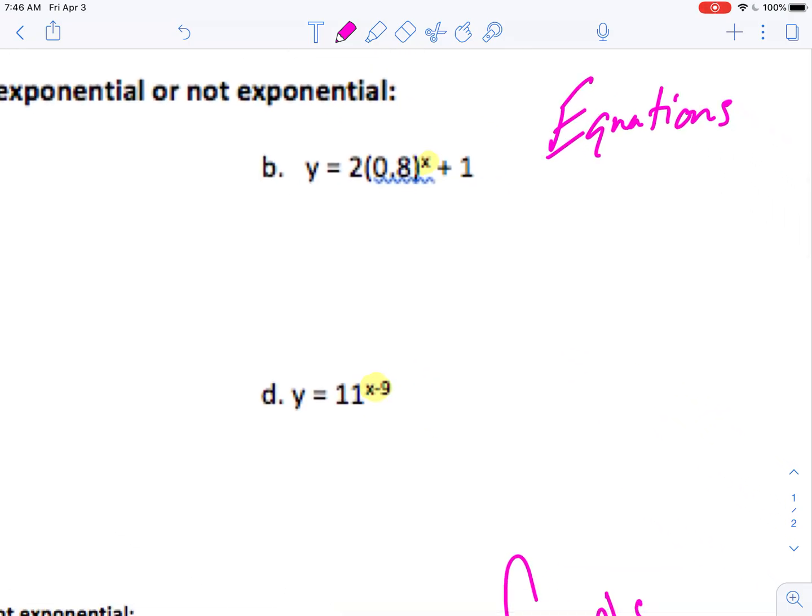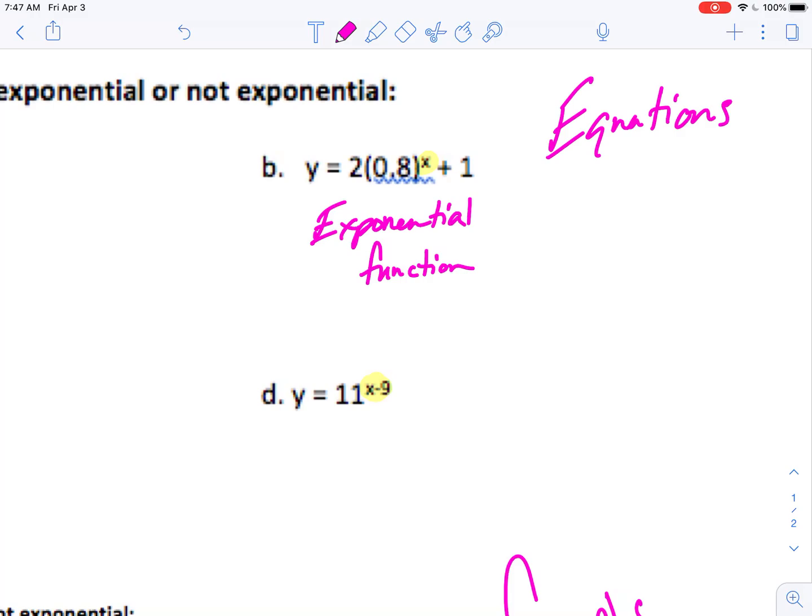So here, that's my exponent, 5. X is, of course, not in there. So I'm going to say not exponential. Same thing here. I'm looking at that exponent, and I want to know, is x in there? That's what I'm looking for.